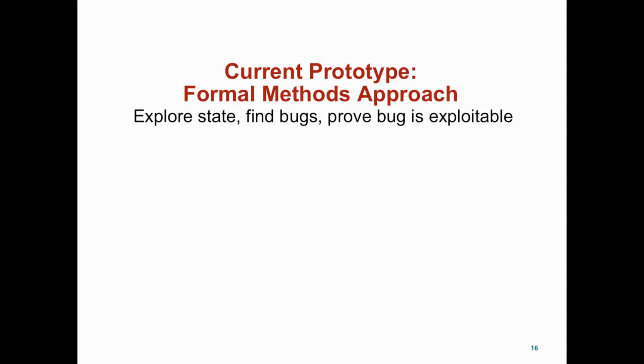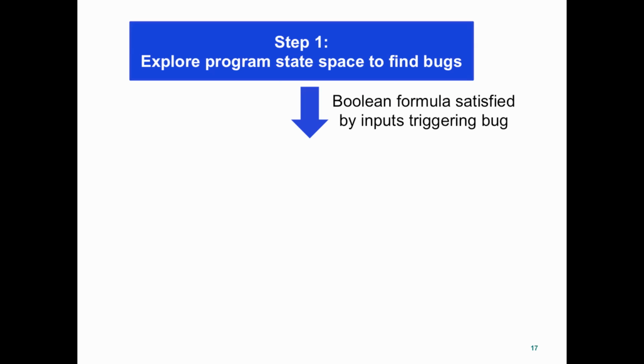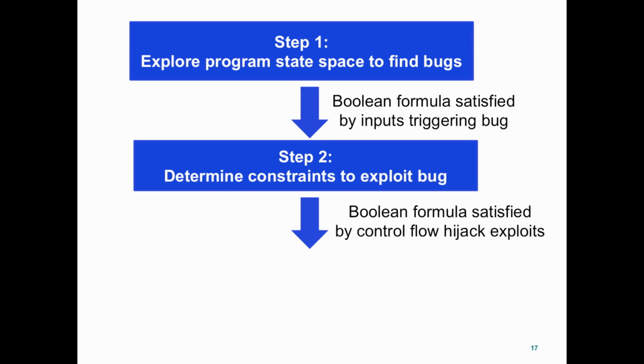Now, our current prototype, as I said, takes a formal methods approach. Really what we're doing is exploring the state space, finding bugs, and then proving the bug is exploitable. It's really these 3 steps. In the first step, we explore the program state space to find bugs. The output of this step is a Boolean formula that is satisfied by inputs that trigger the bug. Now for each bug we find, we determine whether or not it's exploitable.